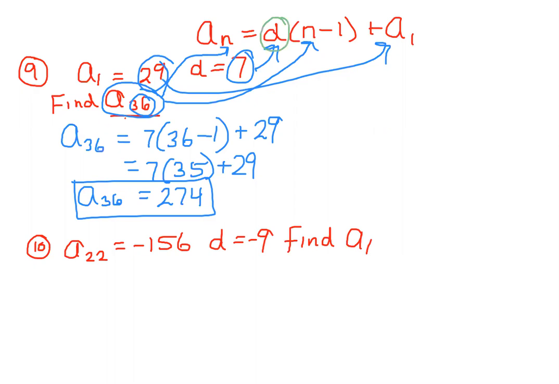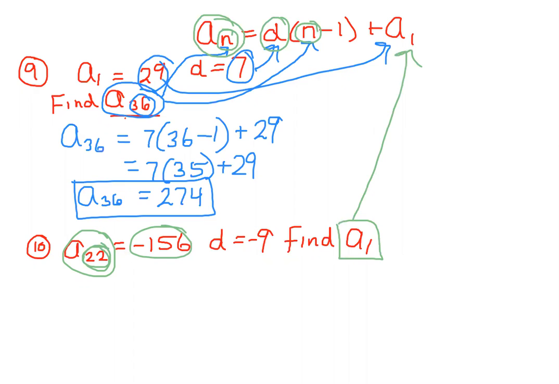We know D, and we know an N, 22, and we know an AN. N is 22, AN is negative 156. This is what we're looking for. So that's going to be our unknown.